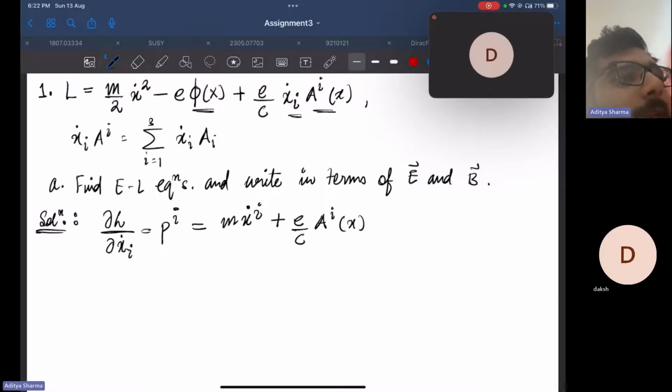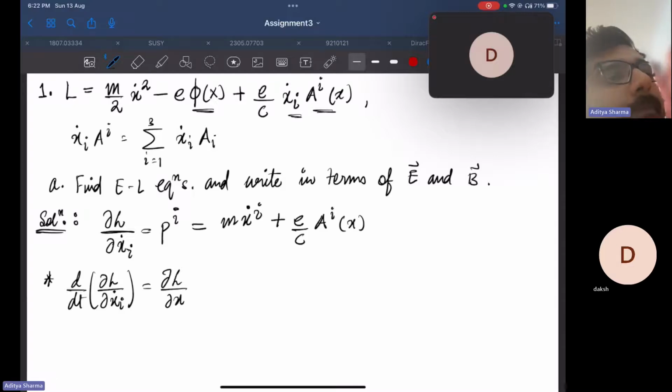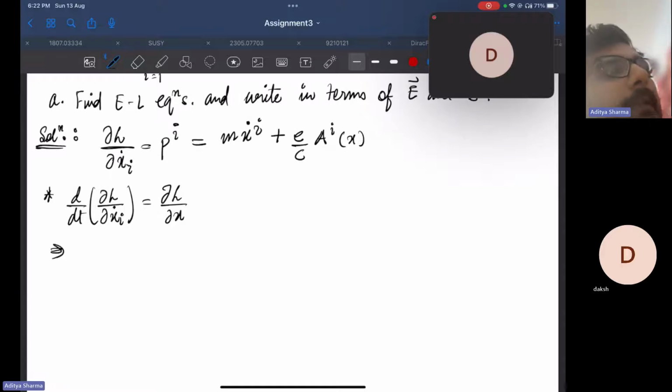Now you take d/dt of this thing. So you have d/dt of dou L by dou x dot is equal to dou L by dou x, which implies d/dt of this thing is then m x_i double dot plus e by c d/dt of A_i.